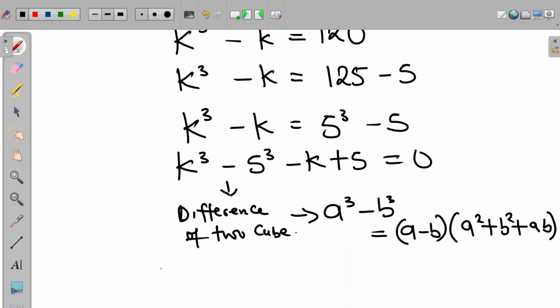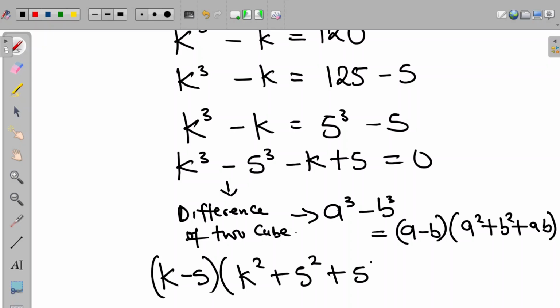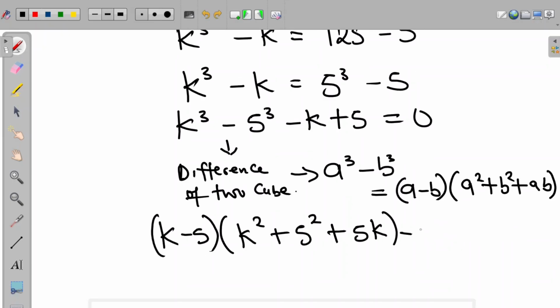So therefore, we can have that k minus 5 multiplied by k squared plus 5 squared plus 5k, minus 1 open a bracket k minus 5, equal to 0. Now at this point, we can factorize.